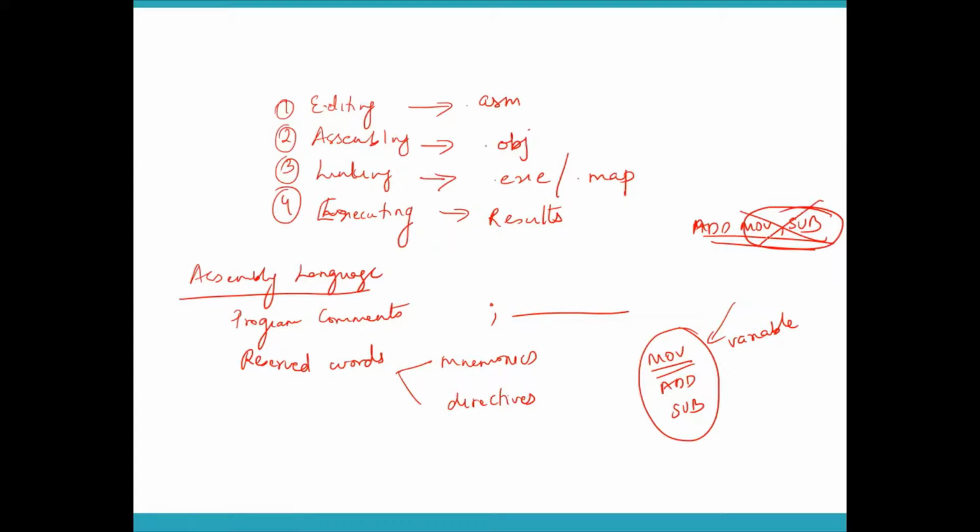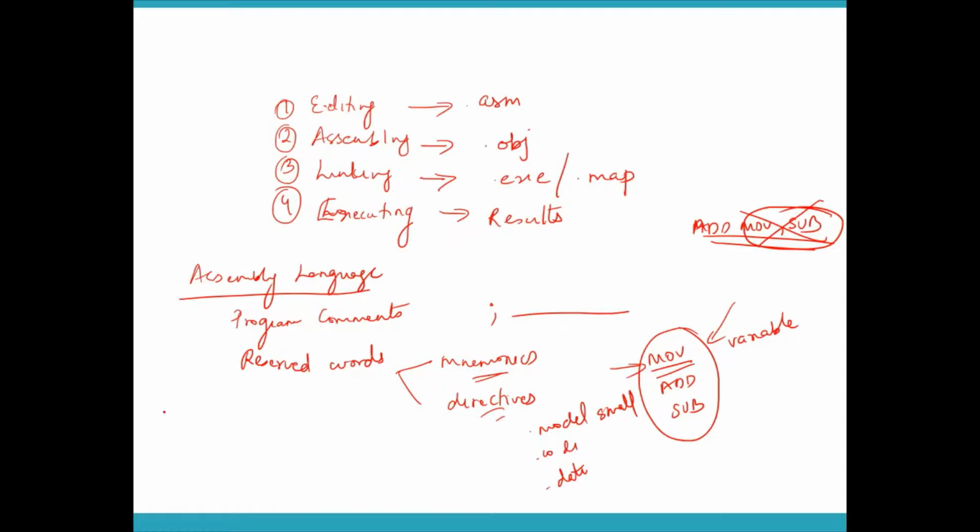They cannot be used as identifiers, right? So reserved words come in two categories. One is those which are part of the instruction mnemonics, and the other is assembler directives. We have used several assembler directives like .model small, then .code, .data. All these also cannot be used as identifiers in your program.